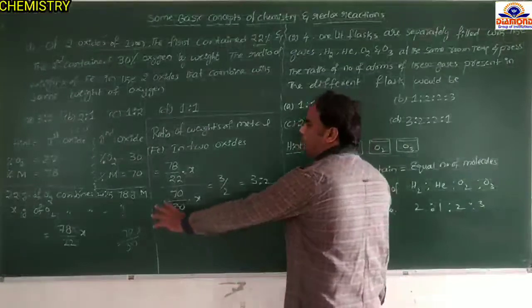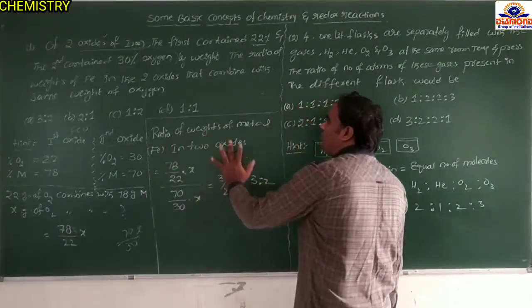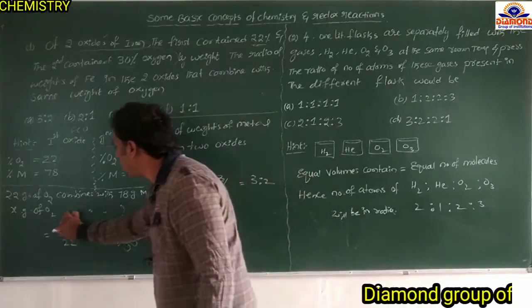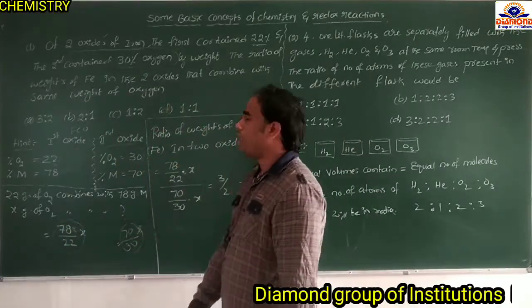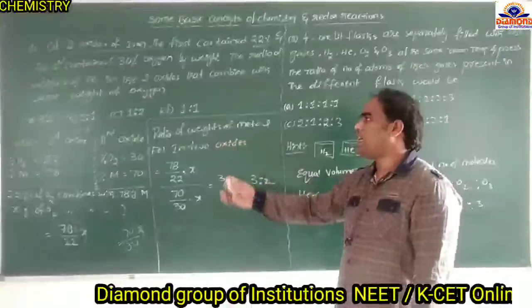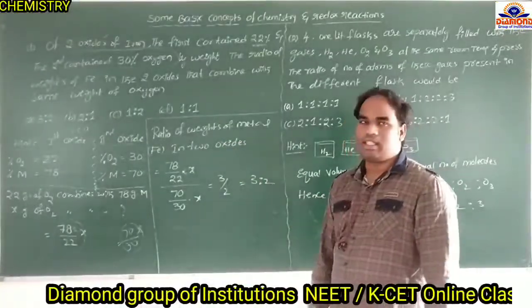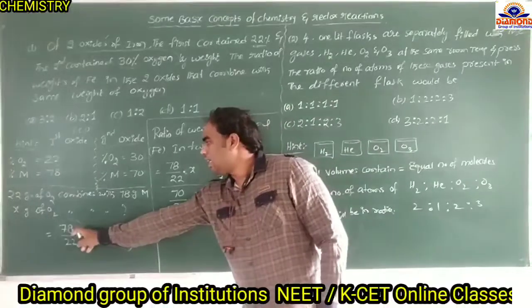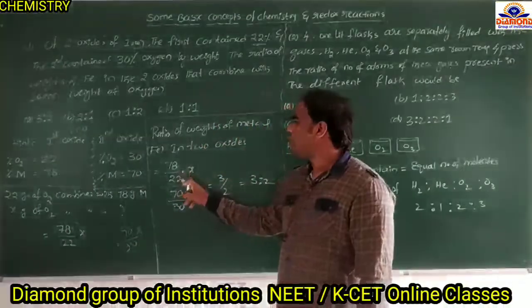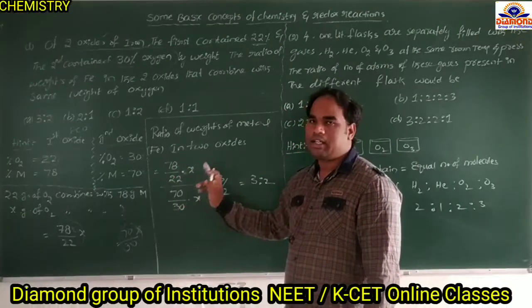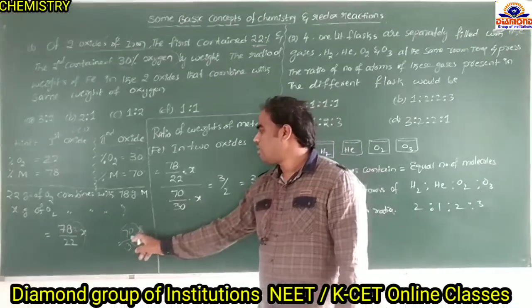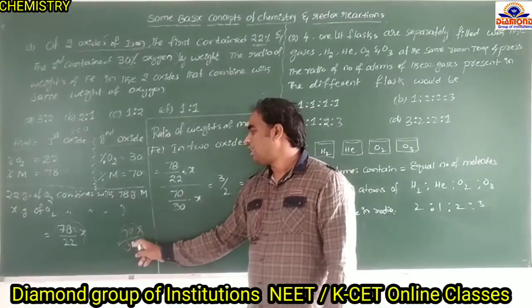Next, the ratio of weights. Based on these two pieces of information, we want to find the ratio of weights of metal, here iron, in these two oxides. For the first oxide it is 78 by 22 into x, and for the second it is 70 by 30 into x.